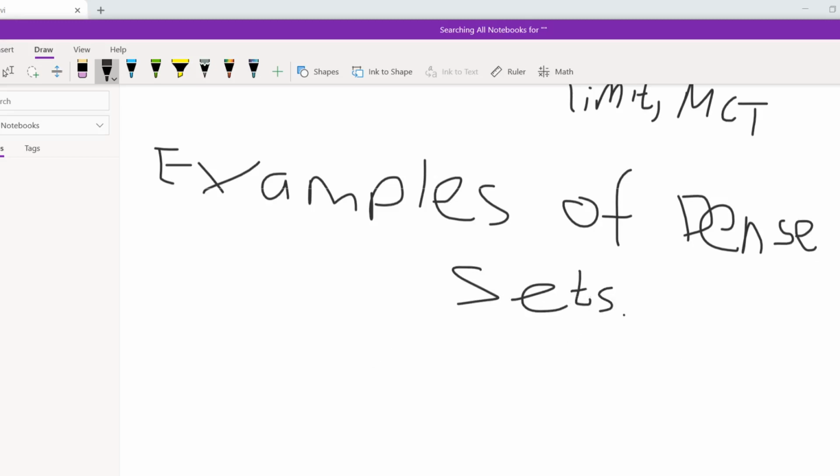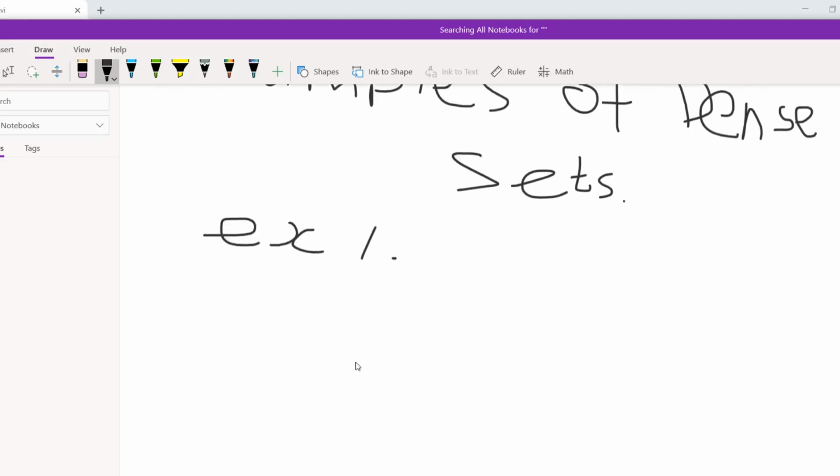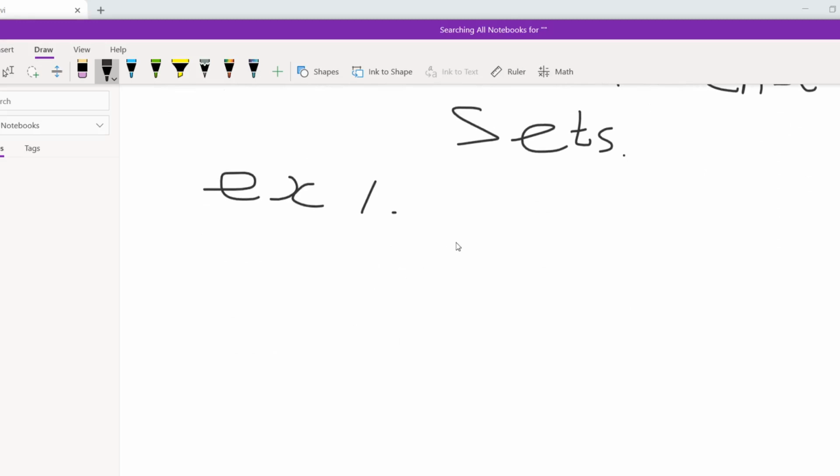Right, it's an example of a dense set. So let's look at a canonical example. Okay, so example number 1. A set of rational numbers.